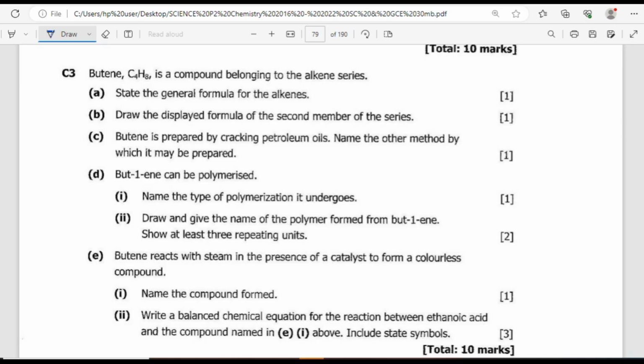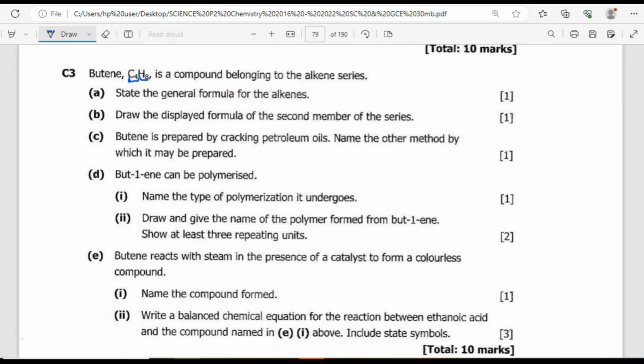Butene, C4H8, is a compound belonging to the alkenes series. Here we have 4 carbon atoms and 8 hydrogen atoms.